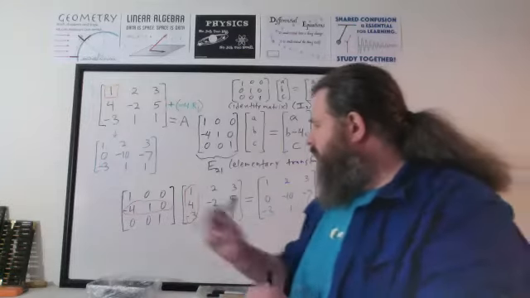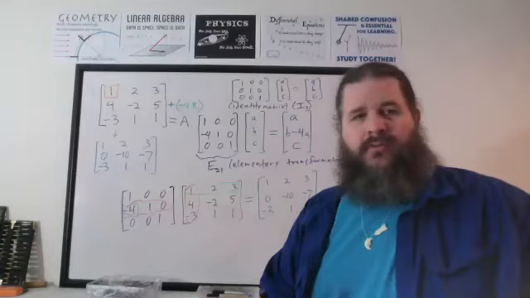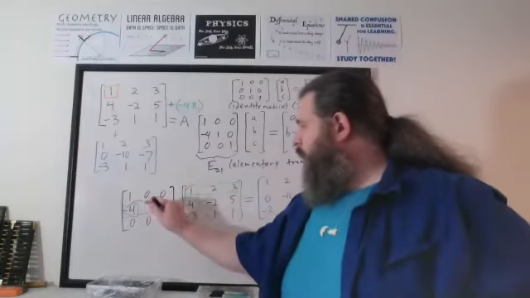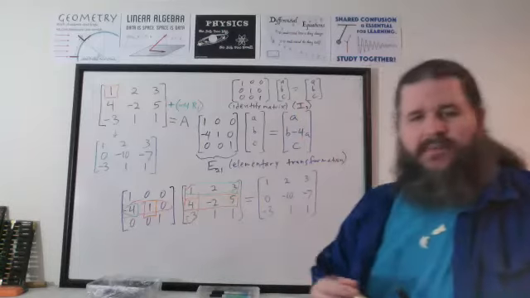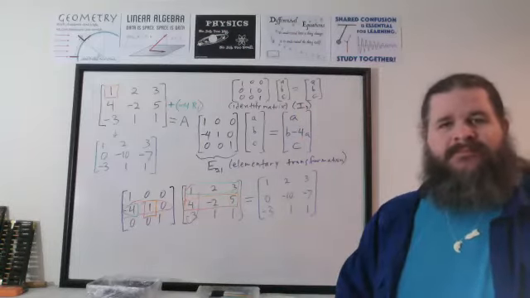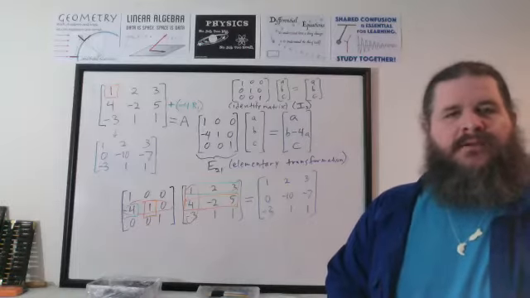In other words, this negative 4 gets multiplied by everything in the first row. And likewise, this 1 gets multiplied by everything in the second row. And the 0 gets multiplied by everything in the third row. Any other questions on that so far?